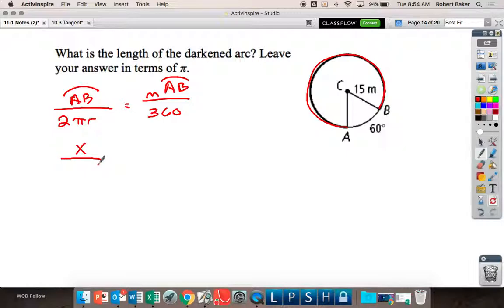Can we figure out circumference? 2 pi in the radius. 15. 2 pi r. 2 pi 15 is the circumference. Now we need to figure out how many degrees is this arc. So if this piece right here is 60, what's left over for the other side? 300.